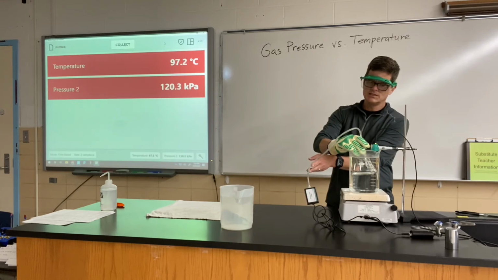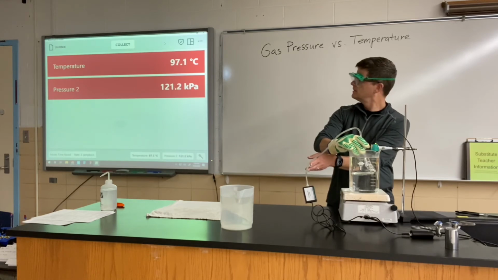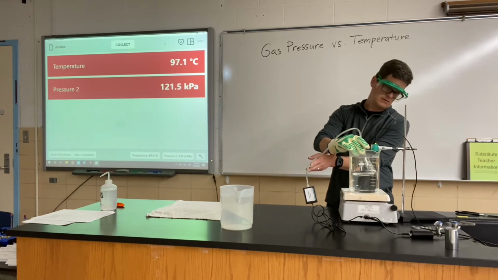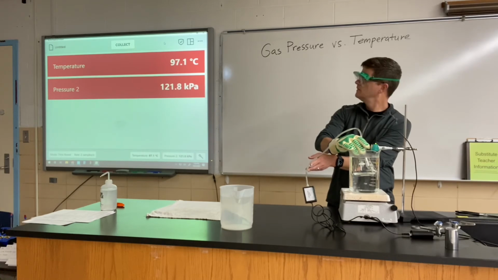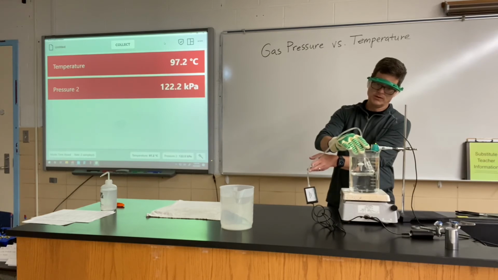It's going to give us a data point in temperature way over to the right from the other data points. Again, we want those to kind of come to an equilibrium where they're not rising or dropping.